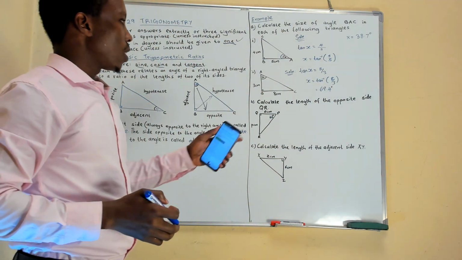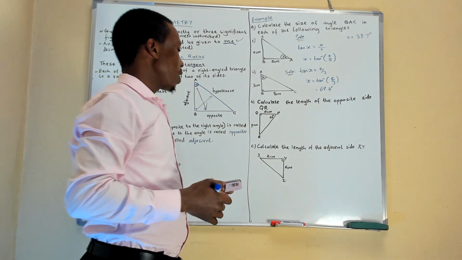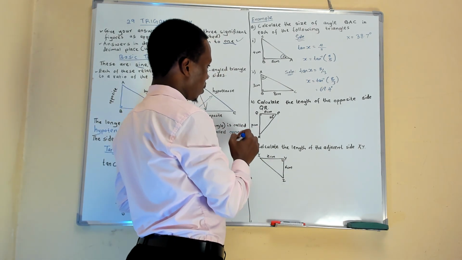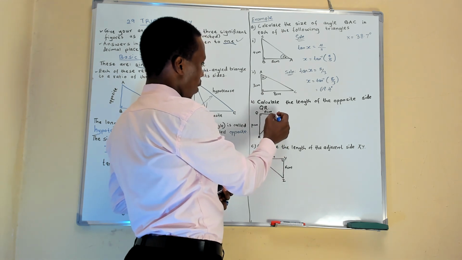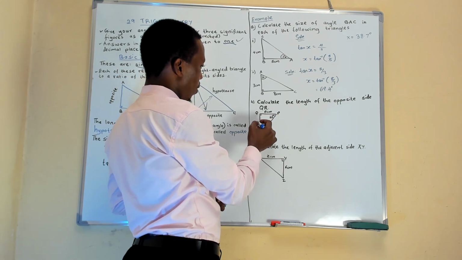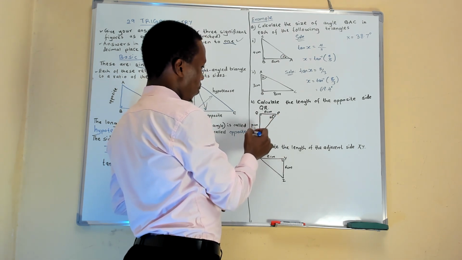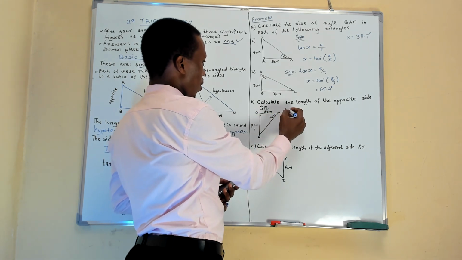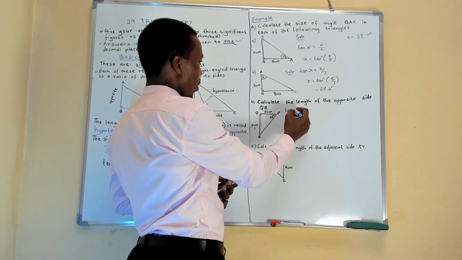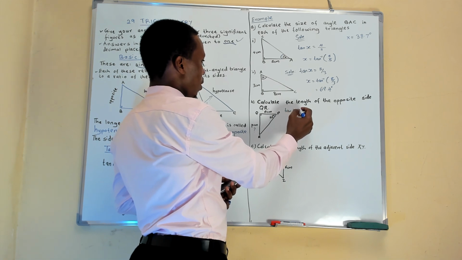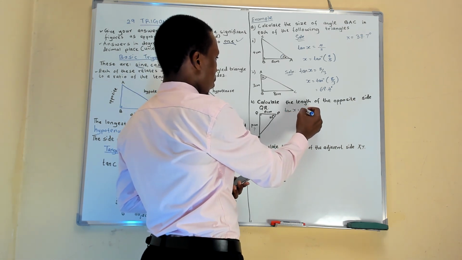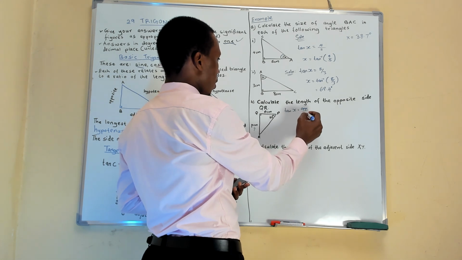B is to calculate the length of the opposite side, QR. So we need the length. We have this angle, then we are asked about that, which is the opposite, then we have the adjacent. So tan of x is equal to opposite over adjacent.